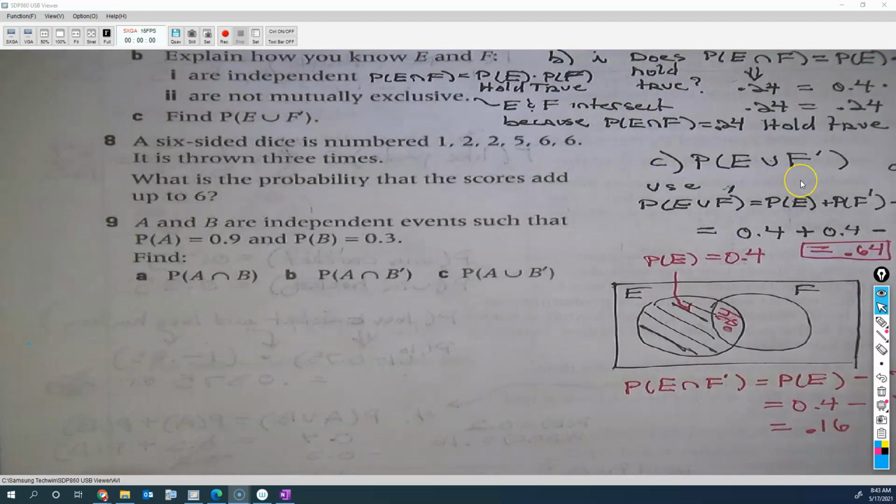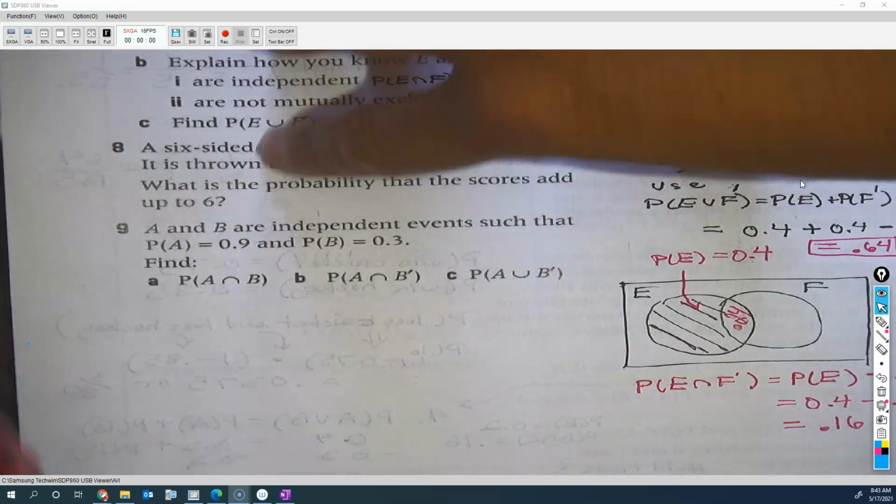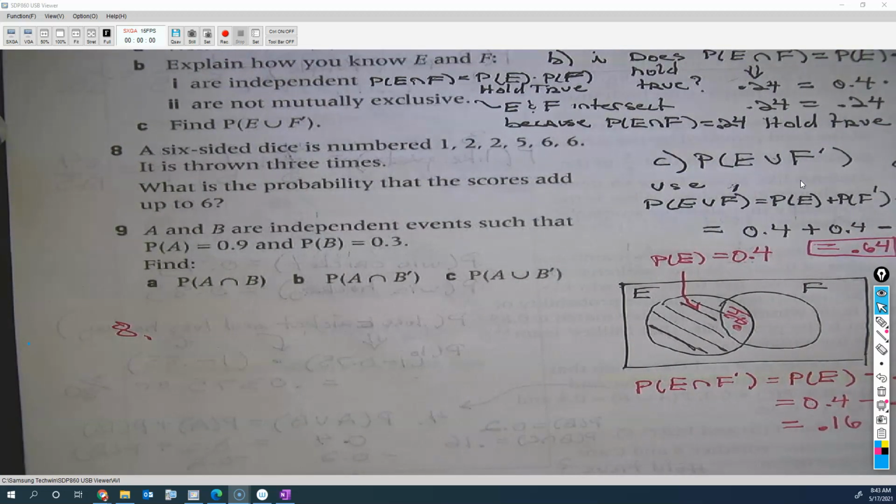All right, number 8. A 6-sided die is numbered. It's thrown 3 times. What's the probability the scores add up to 6? You have to make yourself a sample space.